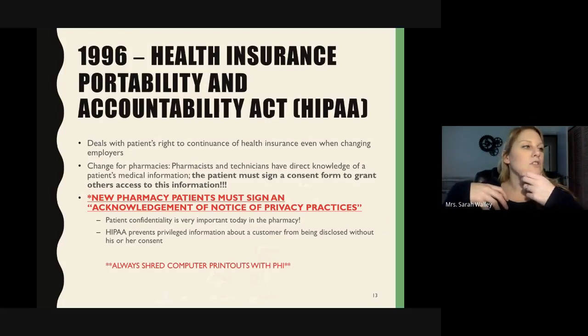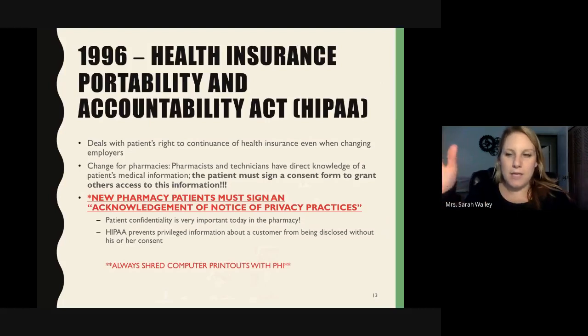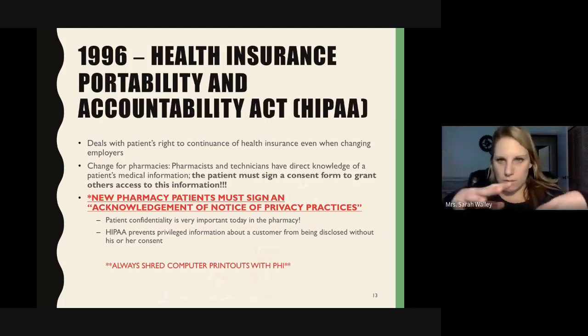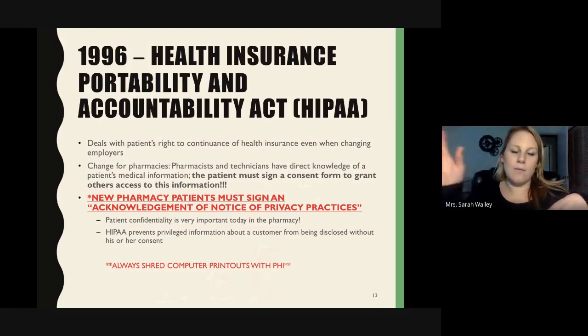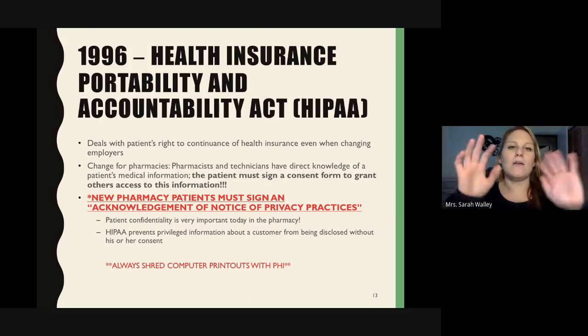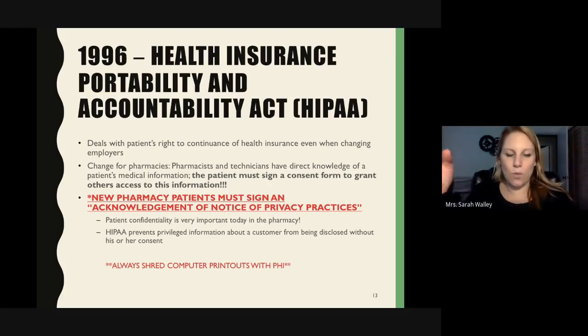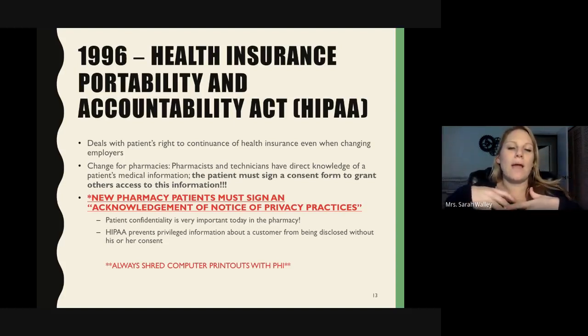It's just an acknowledgement that a patient signs, one of those long information sheets that no one ever reads. But basically it says, hey, you've got protected information. We're not going to give it out to other people. Sign this saying we told you that. It also gives the patient the opportunity to grant family members, if they want, the ability to see their information.